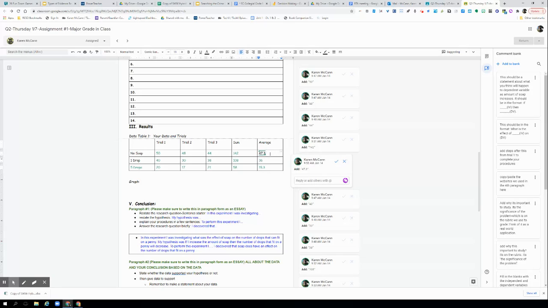I don't like you to use those words because guess what? You've only done this experiment basically once with some trials in it. Do you really think that your data is so trustworthy that you can say for an absolute fact that your hypothesis is right or wrong? Most of the time, the answer would be no.